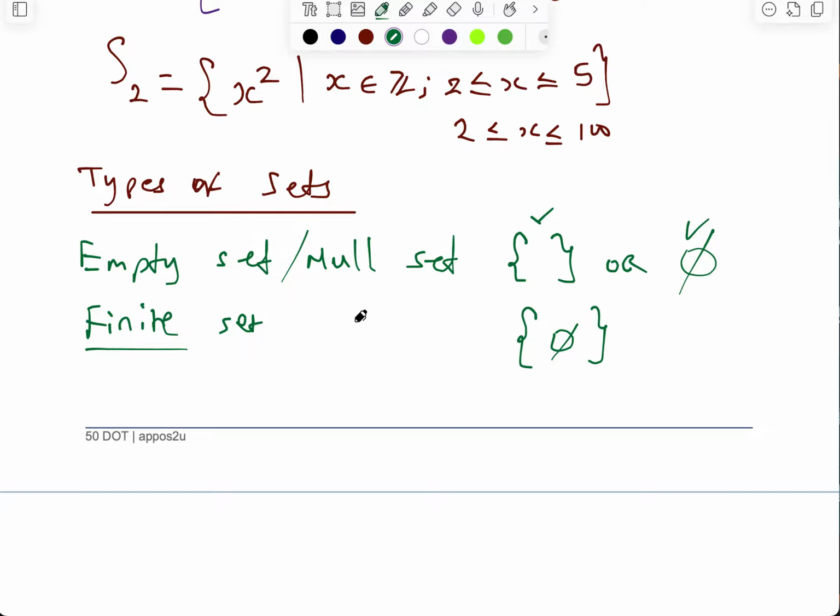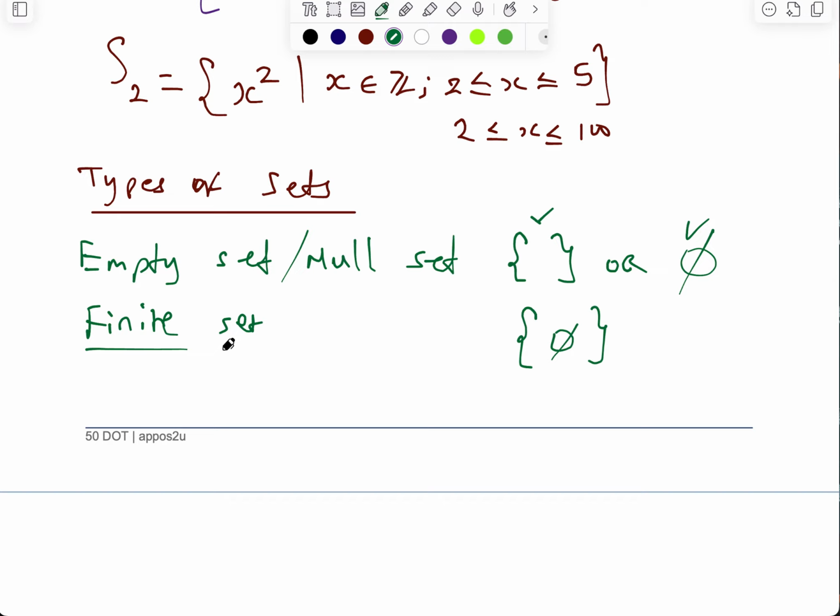Unlike the set of natural numbers, like I've defined for you earlier, it is infinite. Set of real numbers is also infinite. So a finite set is a set that has an ending. So that's just a summary. If it is finite, it has an ending. It doesn't just proceed and proceed like that.